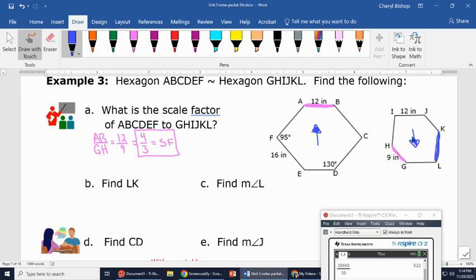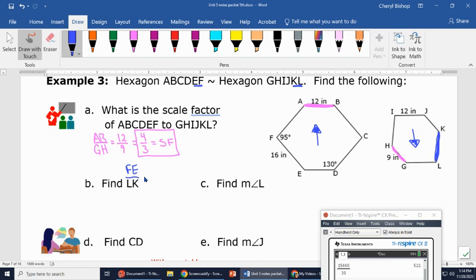It's going to go on the bottom because it's got my down arrow there. So I'm going to put it underneath the fraction bar. What is LK going to match up with? FE or EF, right? You can say it either way. It's the same thing, but FE.